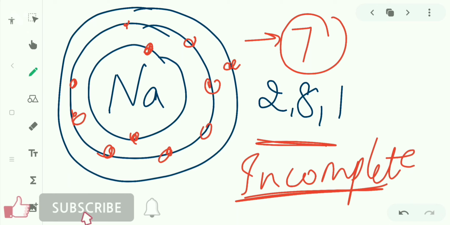That is, electronic configuration is similar. I said, in a particular group, be it halogens or boron family or nitrogen family, the electrons in the outermost orbit are the same.